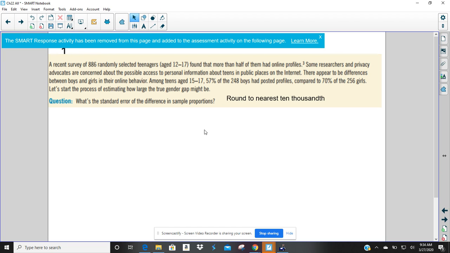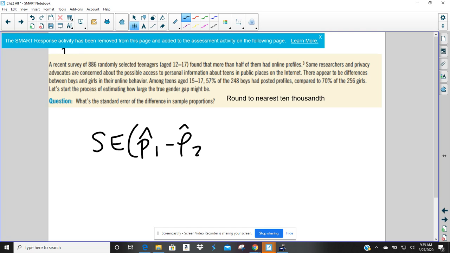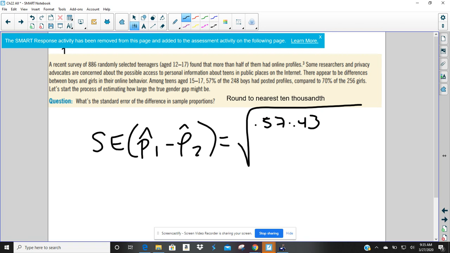Because these are not the true proportions, the standard error is just from our sample, P hat 1 minus P hat 2, and it's equal to the square root of, and now let's do our numbers. We have 57% times 43% not using social media for boys, over the total number of boys, 238. We always add plus the proportion of girls using social media times the proportion of girls not using social media, over 256.